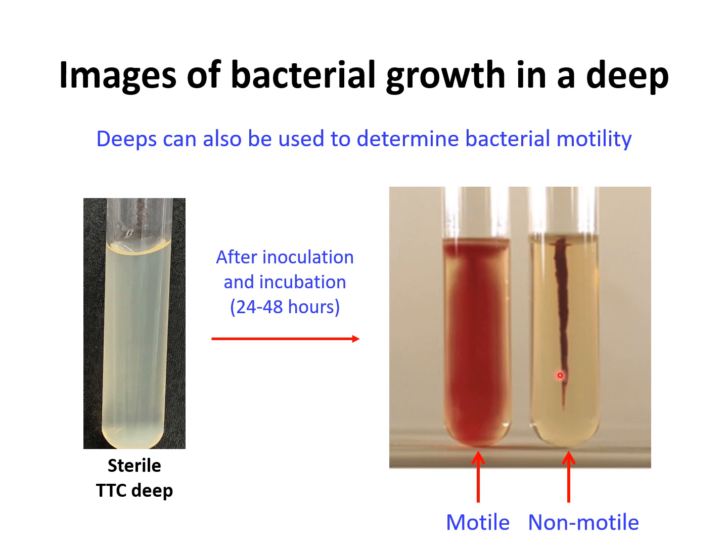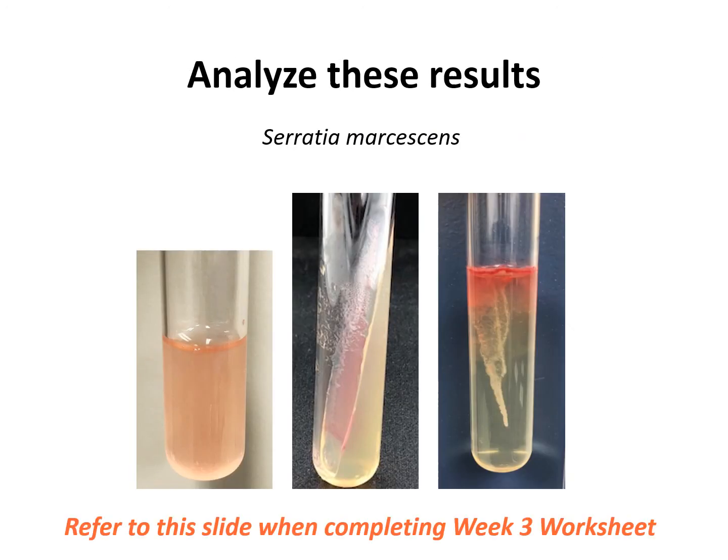No matter what type of bacteria, by the way, grows in the TTC deep, you're going to see that red color, because again, when the TTC breaks down, you get that red color. So you look at your tubes. If you see that red color throughout, that means your bacteria is moving throughout the whole entire tube and they're motile. If not, then they are non-motile.